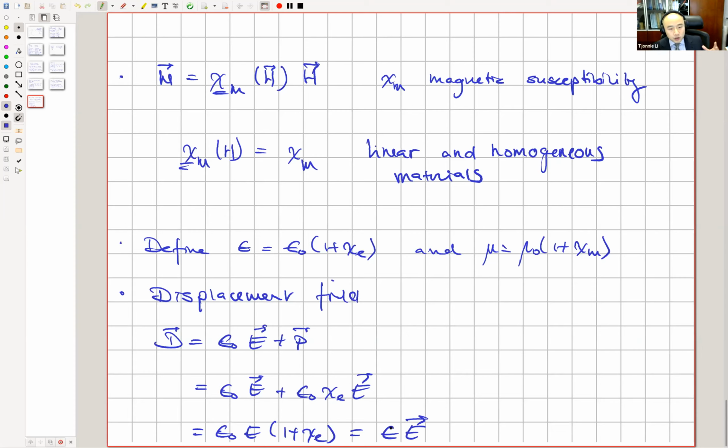And the constant of proportionality, instead of being epsilon naught, is now some epsilon, which is dependent on the electric susceptibility.